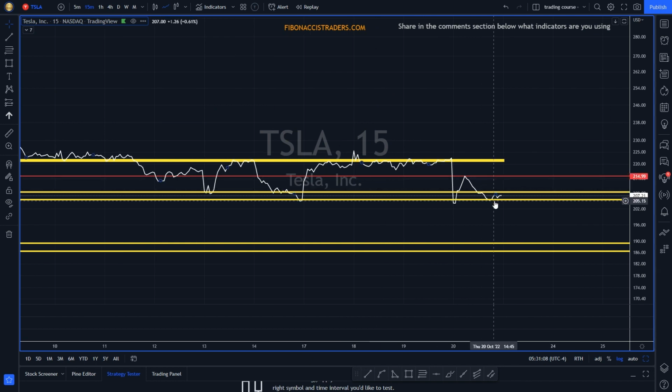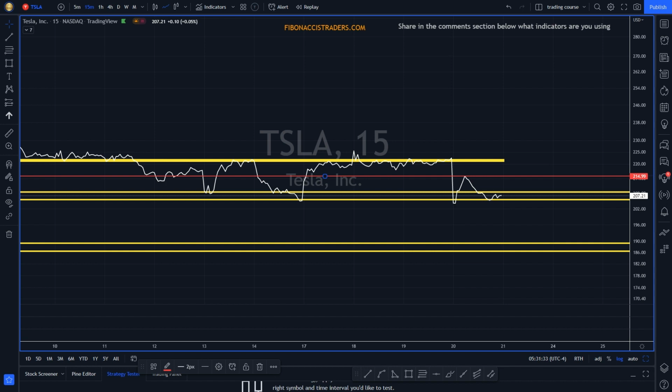So if I go short, I need to put my stop loss where? On the previous area of resistance, which is here. If I go long above this one, or even above this one, where do I put my stop? Below the recent area of support. That's it. Simply as that.